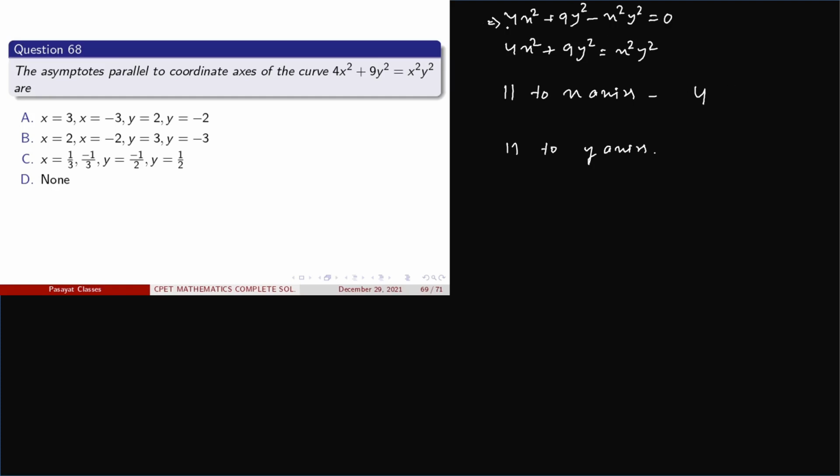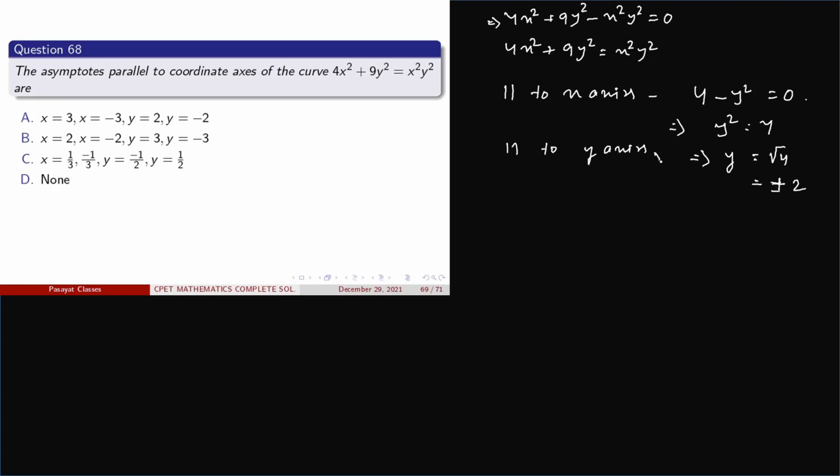And from this we get 4 minus y square is equal to 0, which can be solved as y square is equal to 4, or y is equal to root 4, which is plus minus 2. This gives two asymptotes, that is y is equal to 2 and y is equal to minus 2. These are parallel to the x-axis.